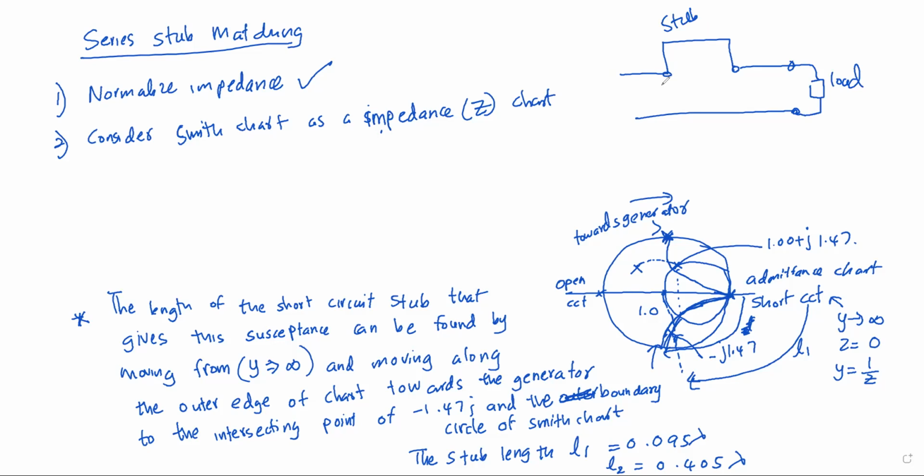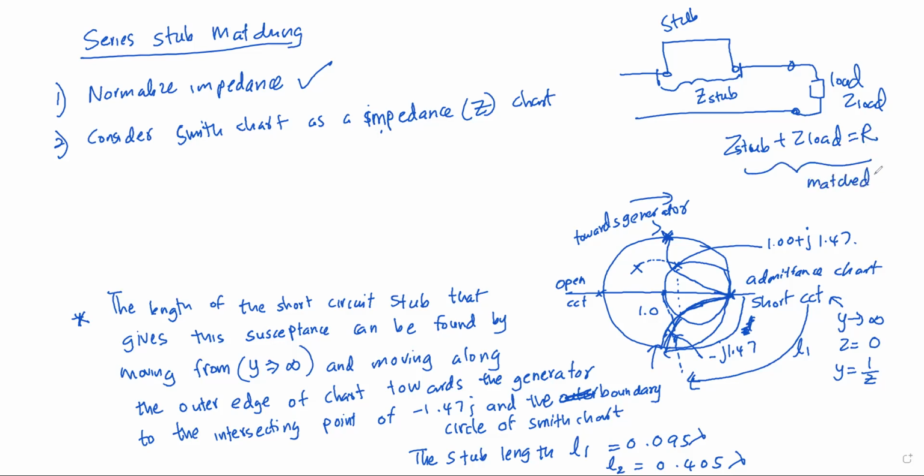The stub has a certain impedance and the load has a certain impedance. In order for us to match the stub-based transmission line and the load, we need to add these two. Once we add them, the final value must be a real value in order for it to be a matched circuit.